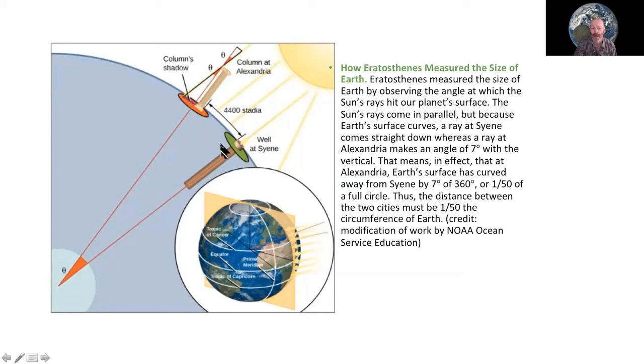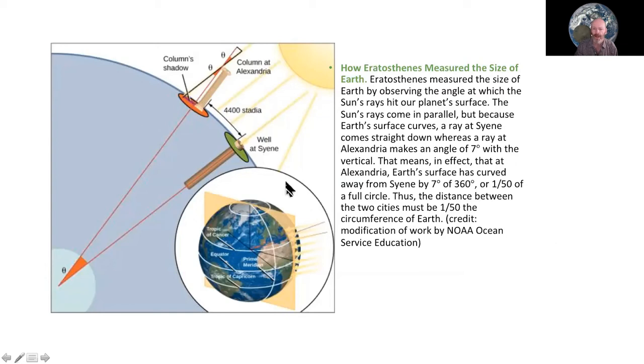Well, the only way that can happen on the same day is if the Earth is not flat, but if the Earth is curved. If the Earth were flat, you would still have no shadows on the things anywhere in the planet. So what he did was he hired a guy to walk out the distance.